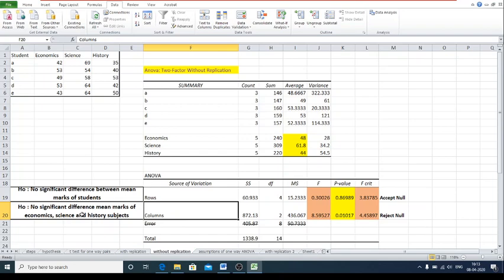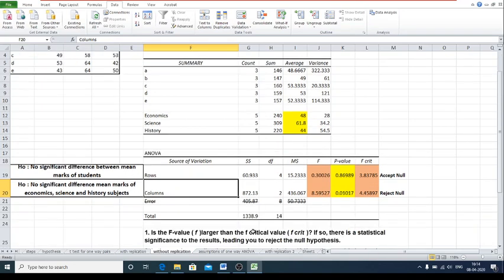I repeat, in rows we have student information. So for rows the null hypothesis will be no significant difference between mean marks of students, and alternate will be there is significant difference between mean marks of students. For columns the information is of subjects, so the null will be no significant difference between mean marks of subjects, that is economics, science and history, and alternate will be there is significant difference in mean marks of subjects.